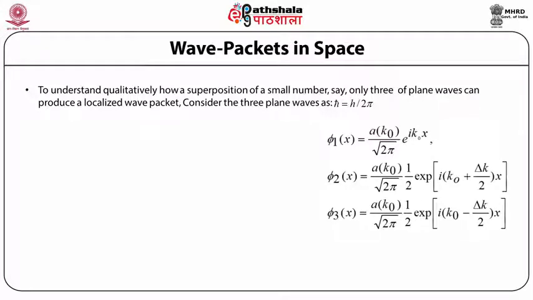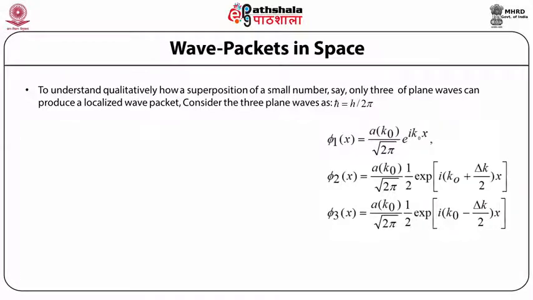The second expression, phi 2 of x, is equal to A of k naught upon under root 2 pi into half into exponential to the power bracket open i within brackets k naught plus delta k by 2 into x bracket closed.